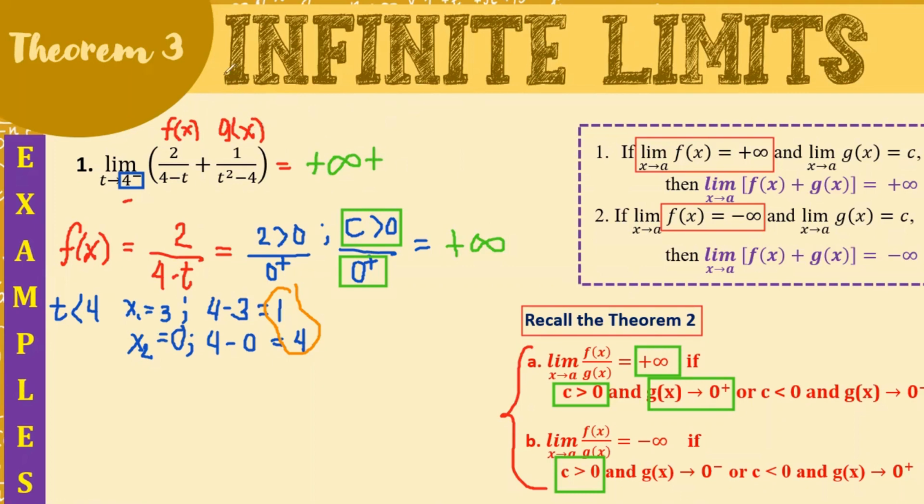So, si g of x, paano ba natin kukunin si g of x? Dito si g of x, madali lang. You will just substitute kung ano yung value ni t dyan. G of x is equal to 1 over t squared minus 4. So what are we going to do here again? We will just substitute the value of your approach. Miss, dapat po ba decreasing, increasing, ganyan?